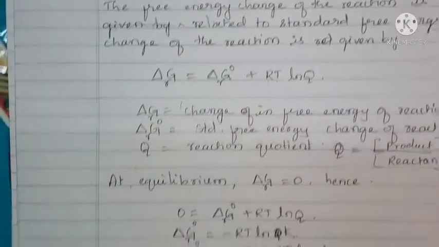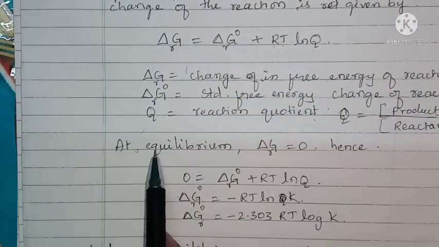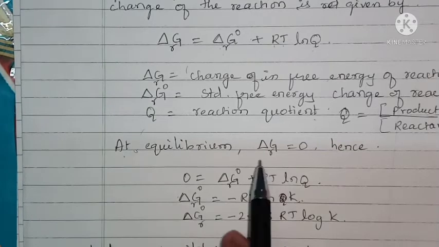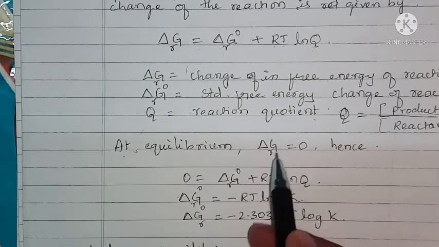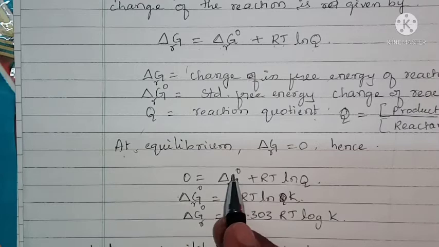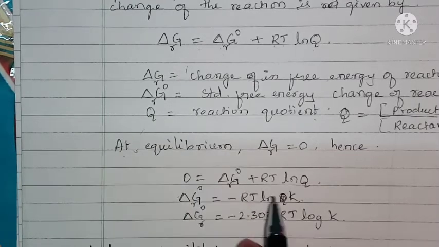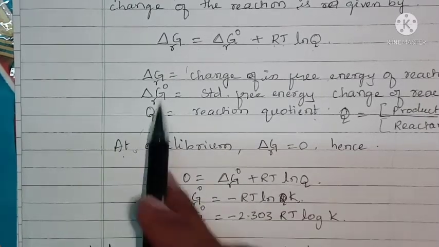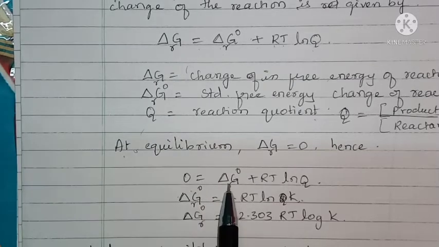Okay. At equilibrium, we already learned that the change in free energy, delta G, is 0. So this value becomes 0.